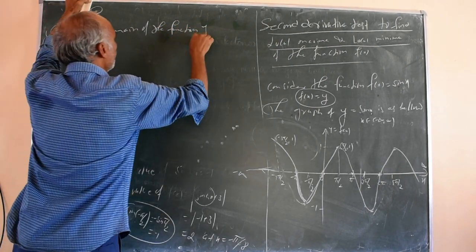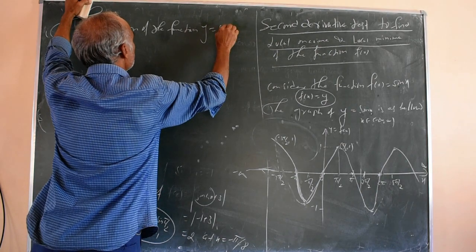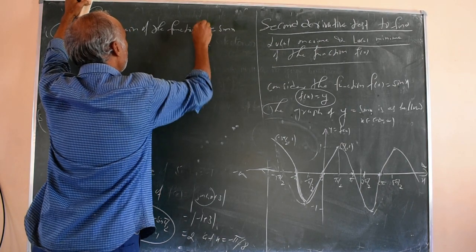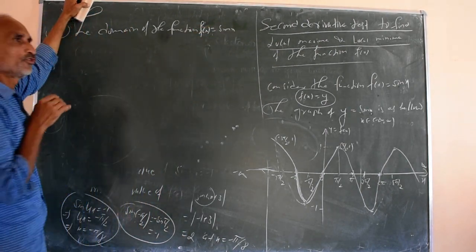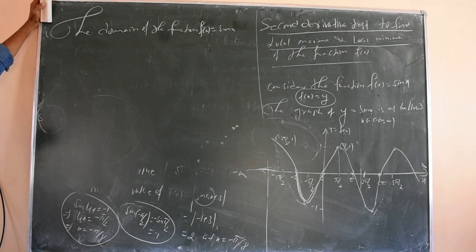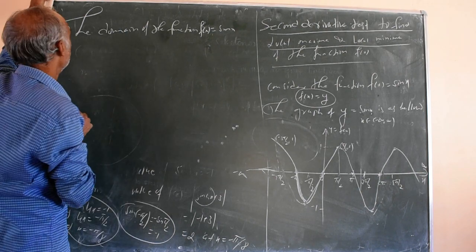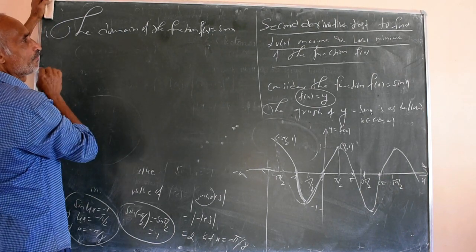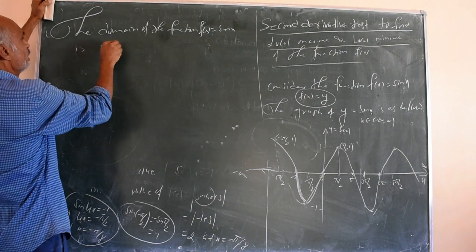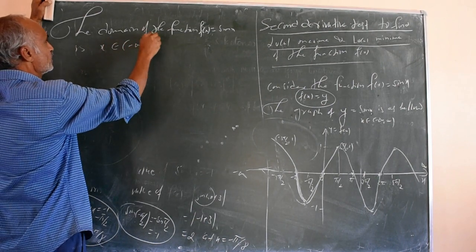y equals sin x or f of x equals sin x. There is no distinction between y and f of x; they can be used interchangeably. The domain of the function f of x equals sin x is x belongs to minus infinity to plus infinity.